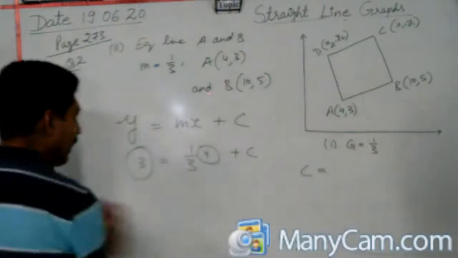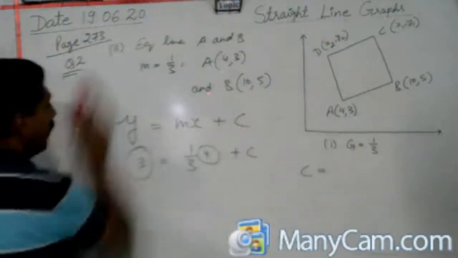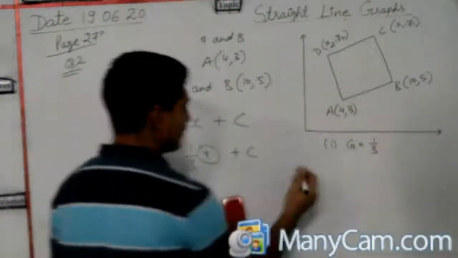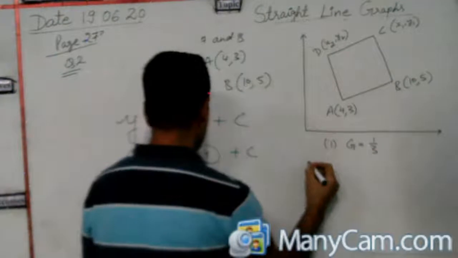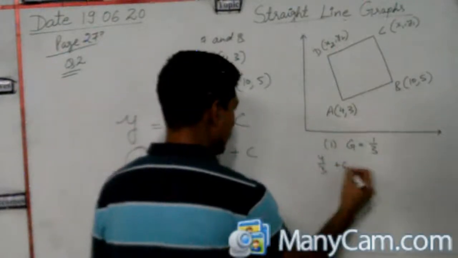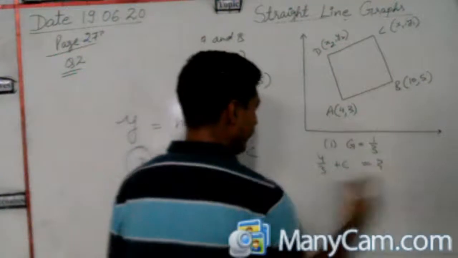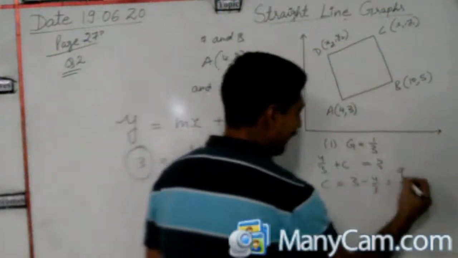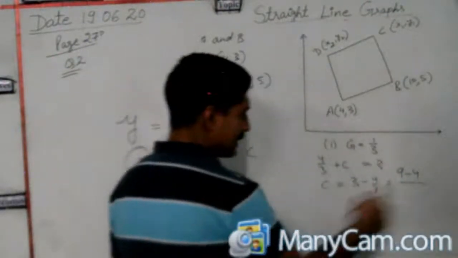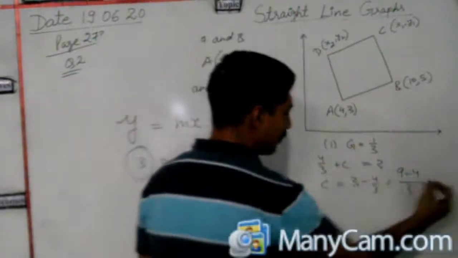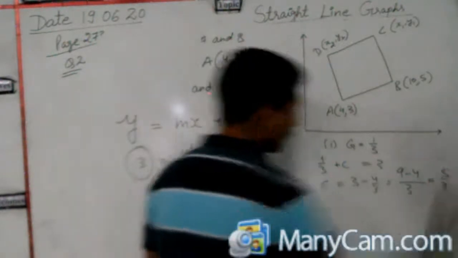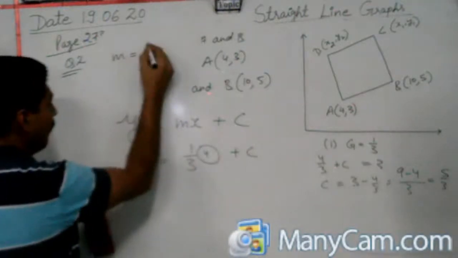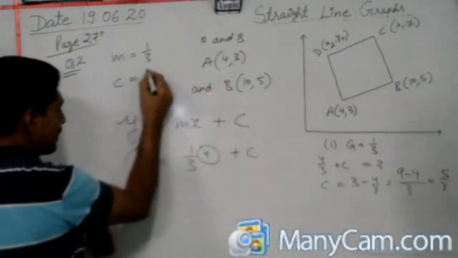So let me solve: 4/3 plus c is equal to 3, and c is equal to 3 minus 4/3, which is equal to (9 minus 4) upon 3, which is equal to 5 upon 3. So the value of m we have already found, that is 1/3, and c is equal to 5/3.